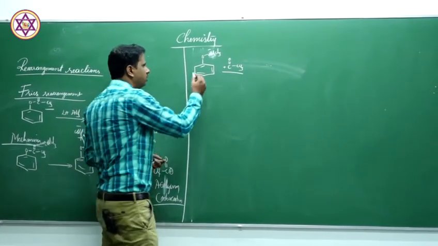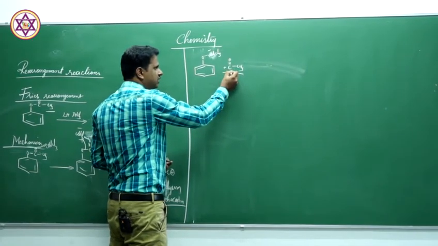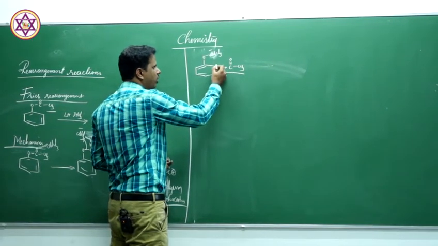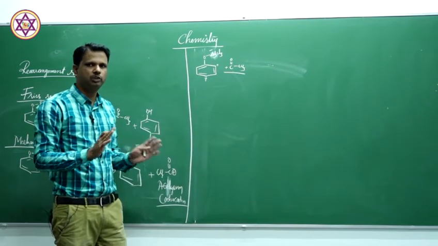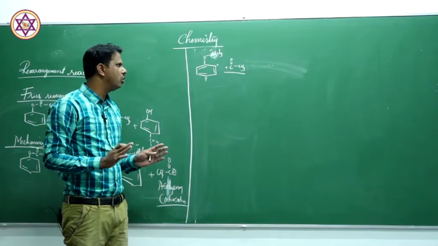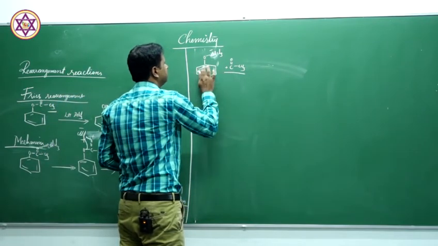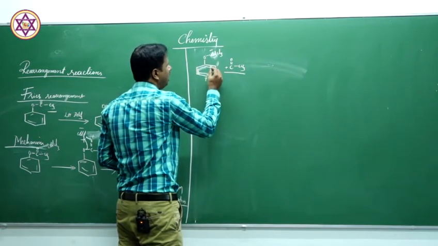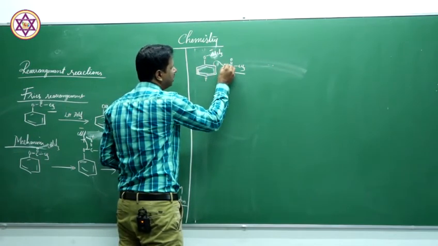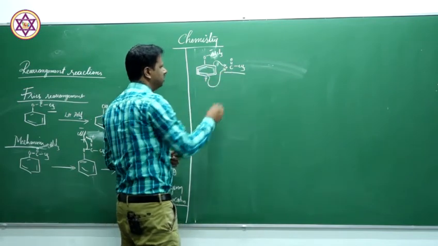Hence, due to the plus R effect, this electrophile can go either into the ortho position or the para position. Those are the only two possible positions. So either the ortho position or the para position can attack this electrophile.